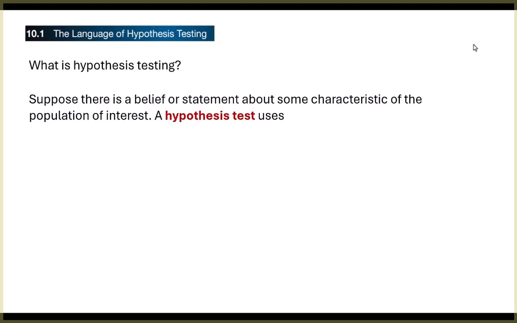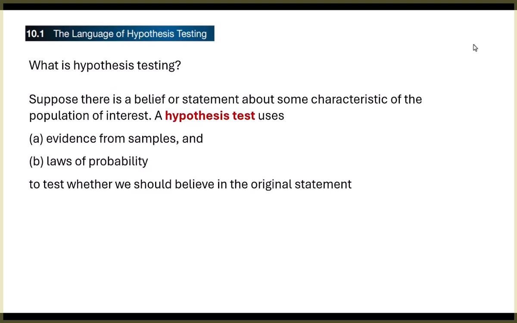Well, we need a couple of things. We've got to get samples. Stats is based on samples. And we've got to think in terms of probability. Those two things together are going to let us make a hypothesis test.